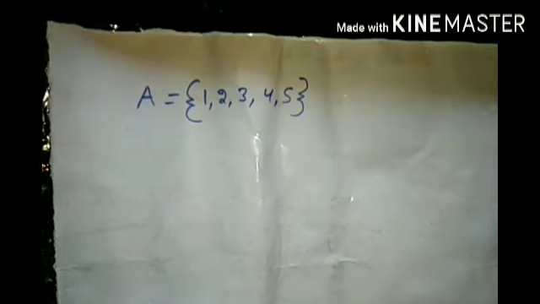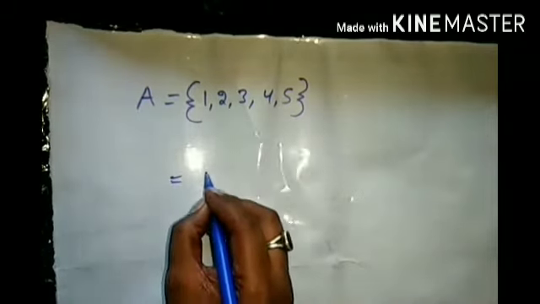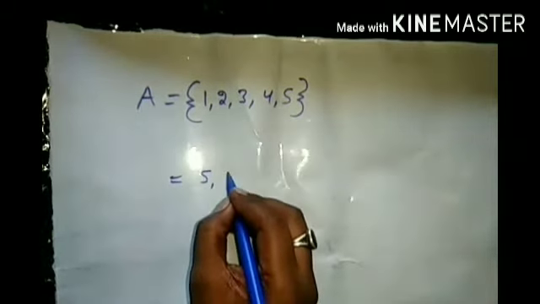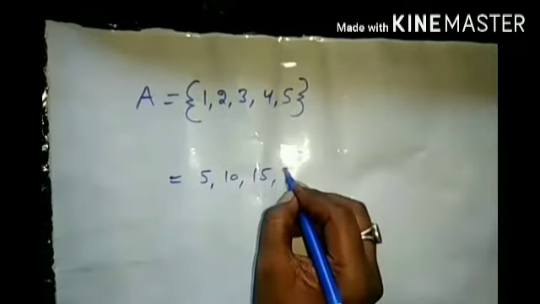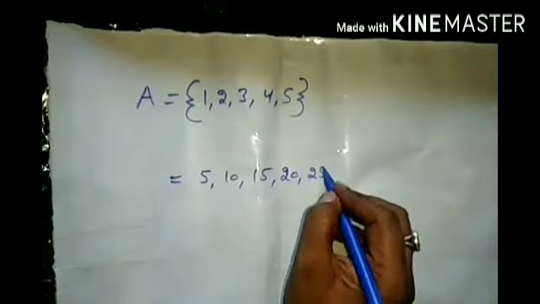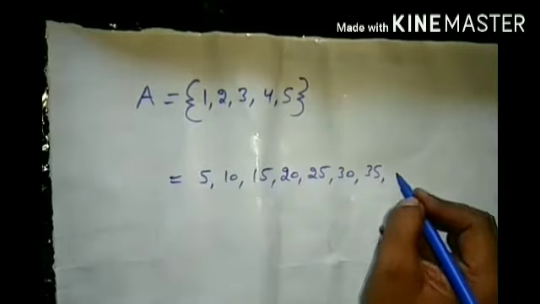Another example: if it is directed that we have to write the multiples of 5 up to 40, what will I write? The first multiple is 5, after that 10, then 15, 20, 25, 30, 35 and 40.